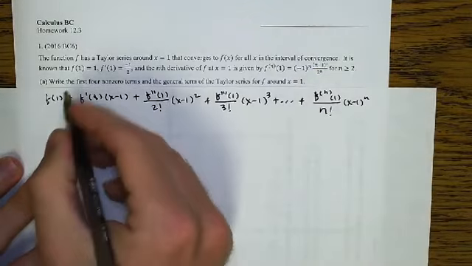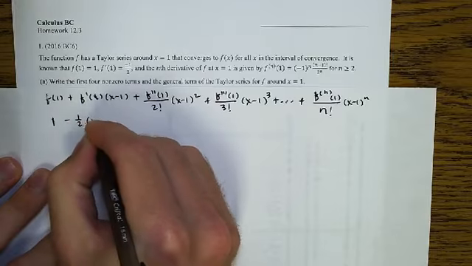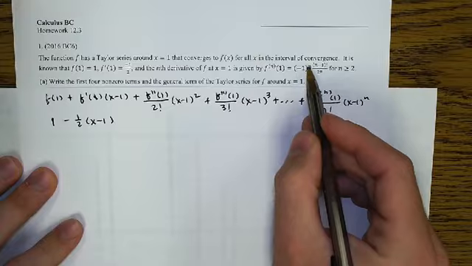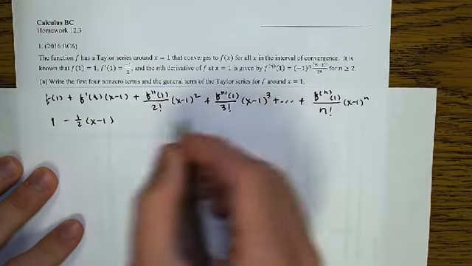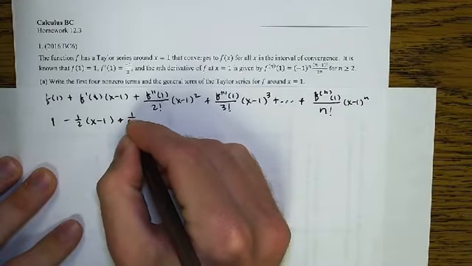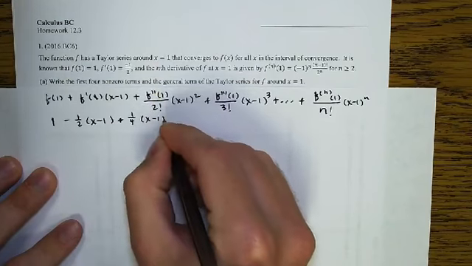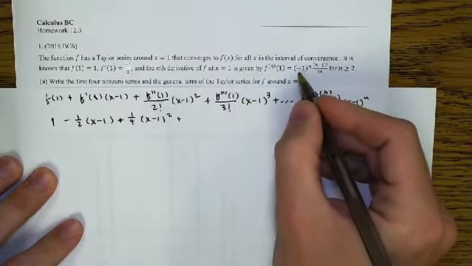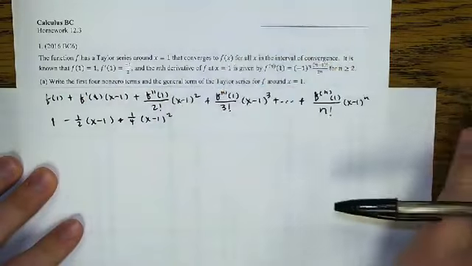So let's do that. f of 1 is 1, f prime is negative a half. f double prime is going to be negative 1 to the 2, which is positive 1, times 2 minus 1 is 1 factorial over 2 to the 2 is 4. So plus 1 over 4, x minus 1 to the 2. f triple prime is going to be negative 1 to the 3, which is negative 1, so I was probably a little early with that.